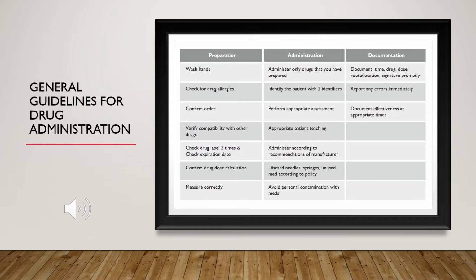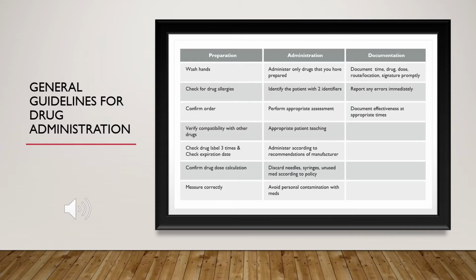I've listed out here some general guidelines for medication administration. There are 3 different categories or columns: preparation, administration, and documentation. So you always begin everything with good infection control. You wash your hands, you check for drug allergies, and that is by asking the patient as well as looking in the patient's chart. You confirm your order, you look at your medication, and you make sure that you verify that whatever you are giving is compatible.